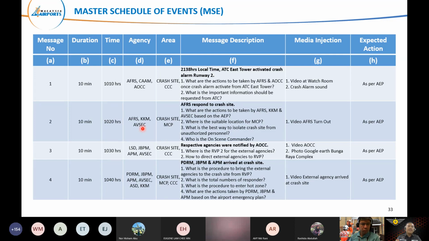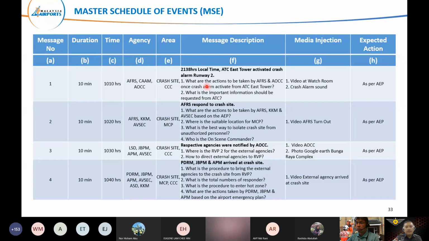So by having this MSE, we will ensure no agency is left behind during the tabletop exercise. The area also we can dictate, which area this agency should be located. In our normal practice, we put the agencies in tables: table for crash site, table for crisis control center, table for mobile command post, for example.